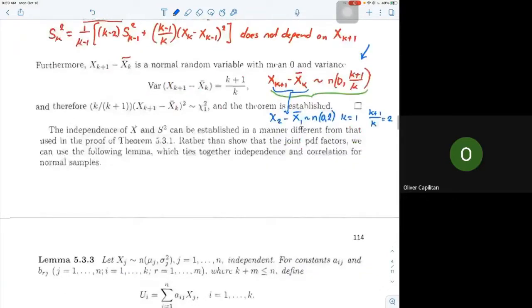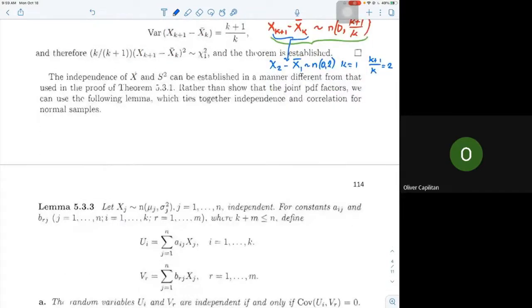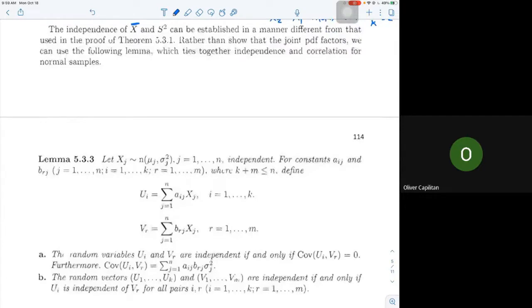We have here an additional remark regarding the independence of the sample mean and the sample variance. It can be established in a different manner using this Lemma 5.3.3.